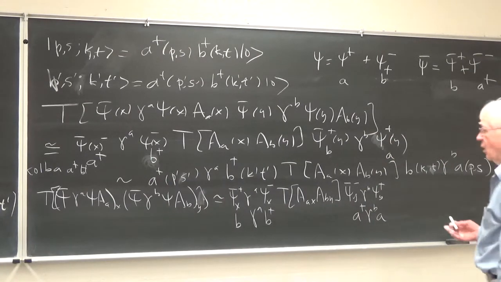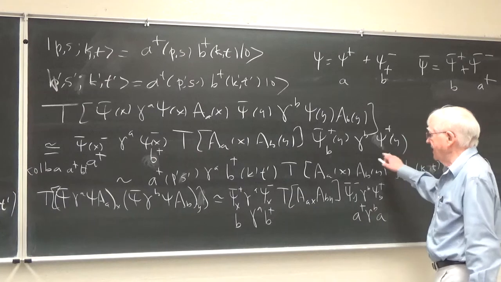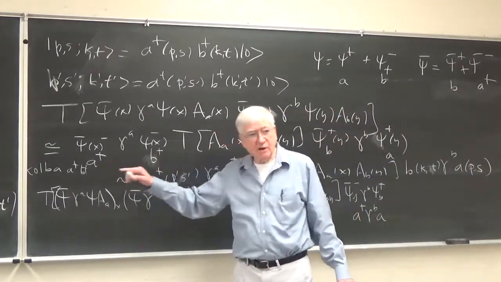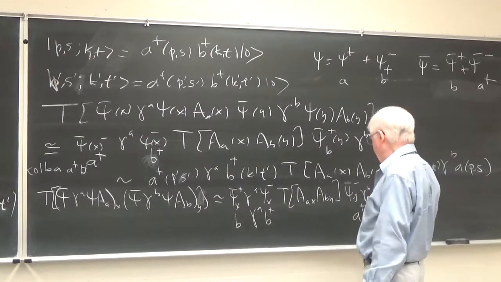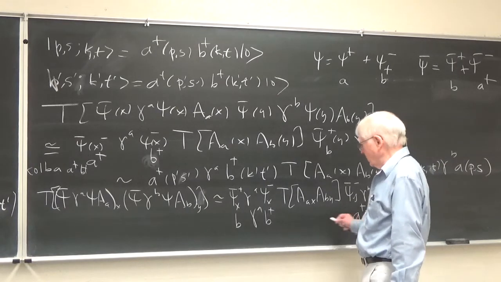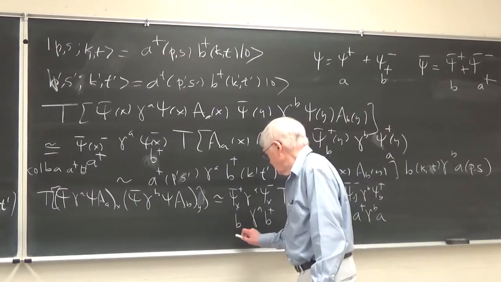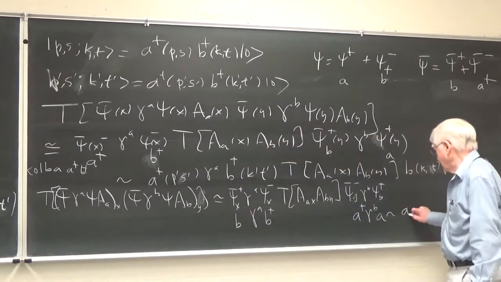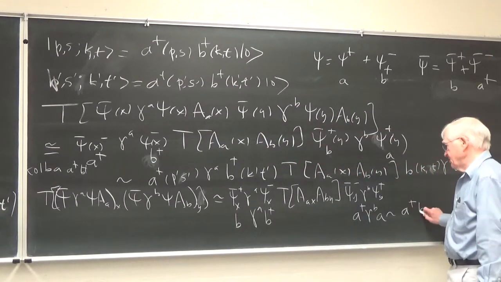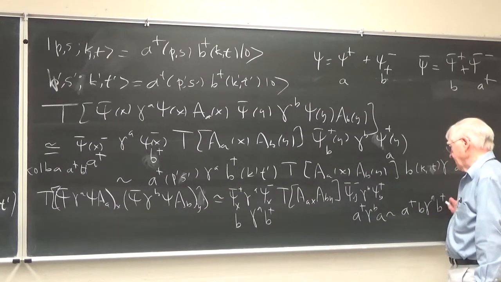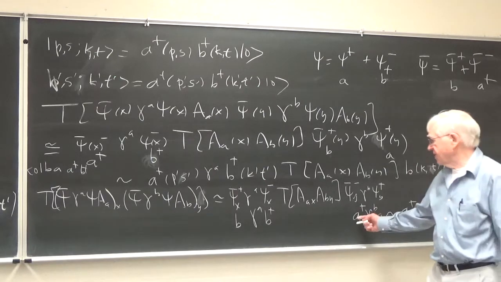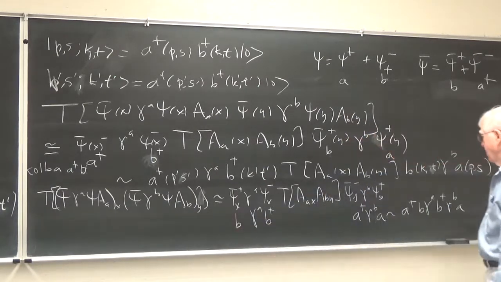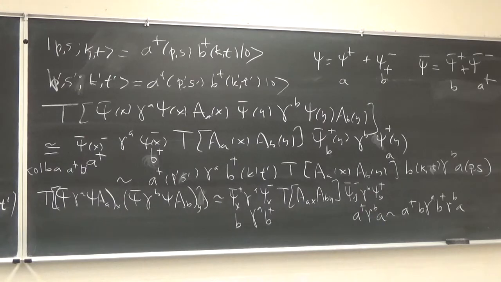And now, however, in order to get it into the form A, B, B dagger, A dagger, which is the form we need to match the initial and final states, what we have to do is take this A dagger and move it across until it becomes A dagger, B, γ^A, B dagger, γ^B, A. But there we've gotten 2 minus signs, so that doesn't cut any ice.